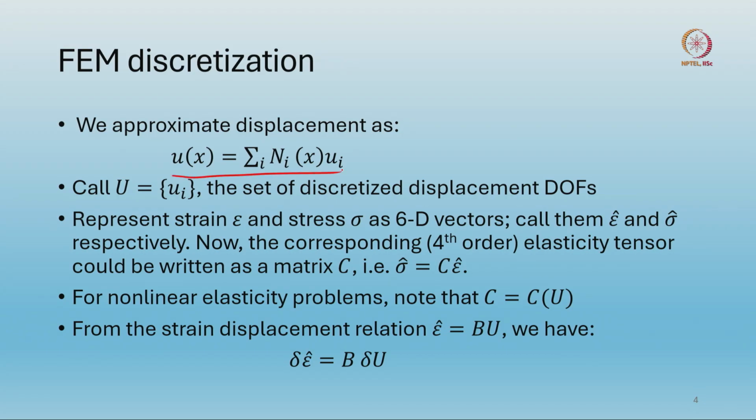Take the simplest form of discretization, which is the displacement field u(x) approximately equal to the summation over I of N_i(x) u_i. The u_i are the nodal unknowns, the nodal values of u(x) at the nodes, the x_i are the nodes, and N_i(x) is the ith shape function, the shape function corresponding to node I. Let us call the collection of all the nodal displacement variables by the capital U. It is a vector now, no more a function like small u, which is a function of x.